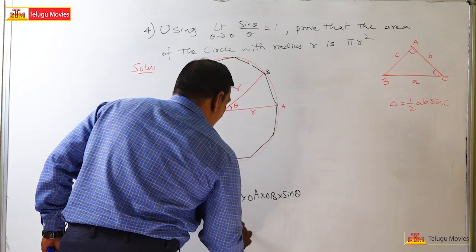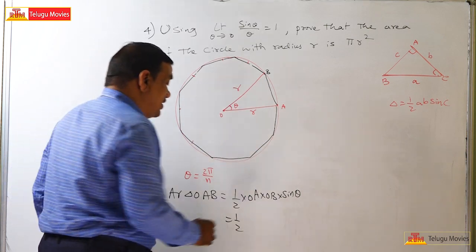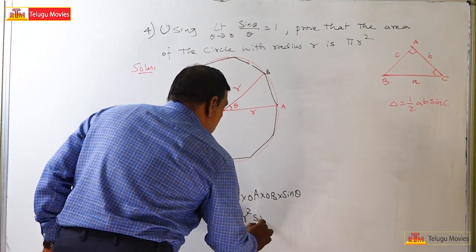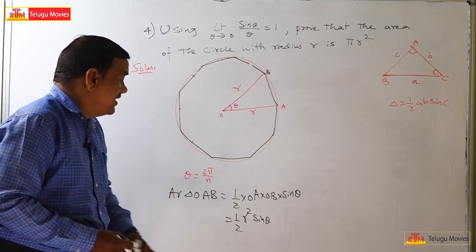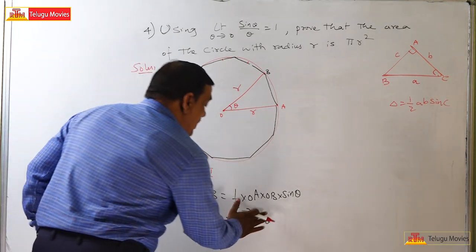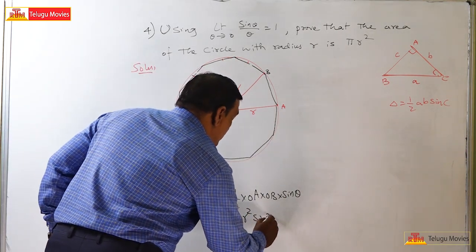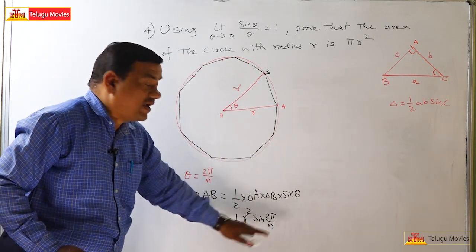Now, I will write down half into OA value is length r, OB is also radius r, so r square sin theta. Nice. Now, area of the triangle OAB is equal to half of r square into sin theta. Theta is equal to 2 pi by n.